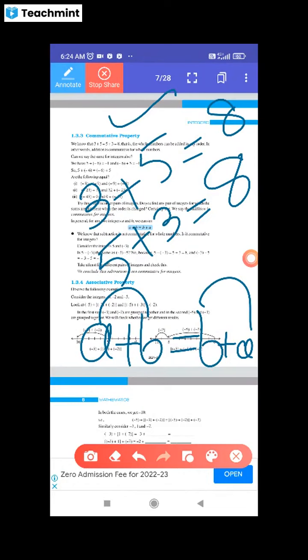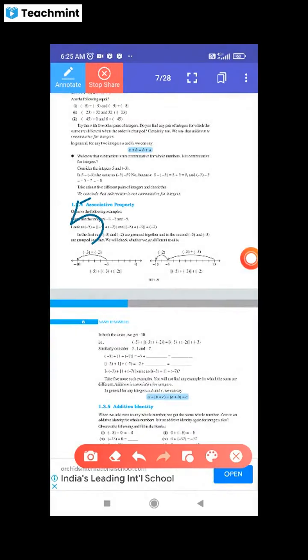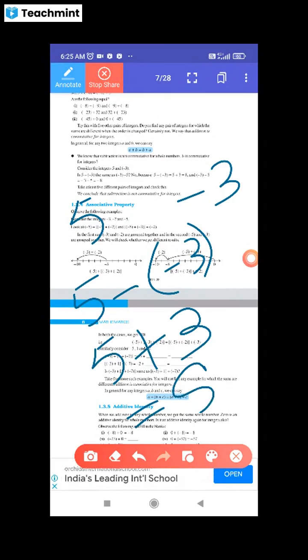Is it possible for subtraction? We have to check. You can consider a as 5 and b as minus 3. After subtracting these two, 5 minus of minus 3, minus into minus is plus, so 5 plus 3 is 8.